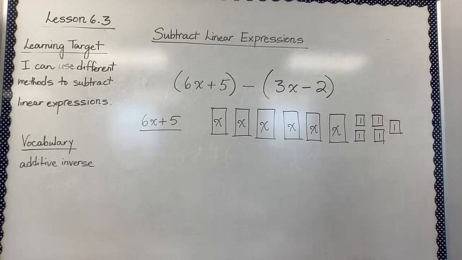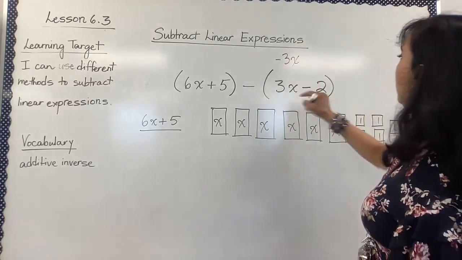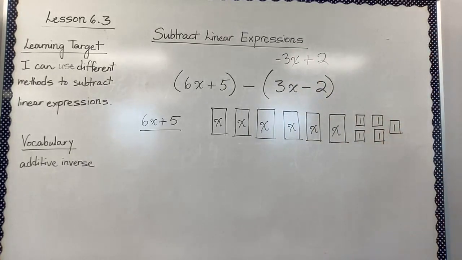To subtract 3x minus 2, we are going to add the additive inverse, which would be what? I would get negative 3x, and the minus would change to plus 2, because I am just switching the signs.